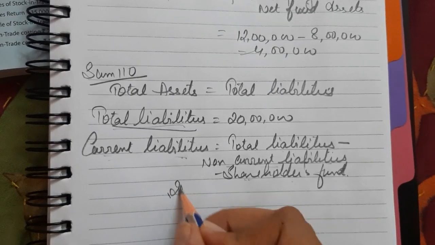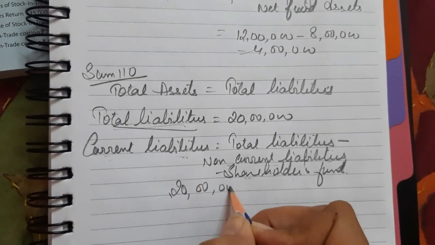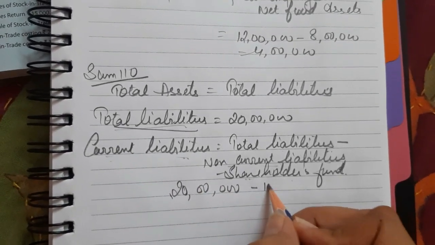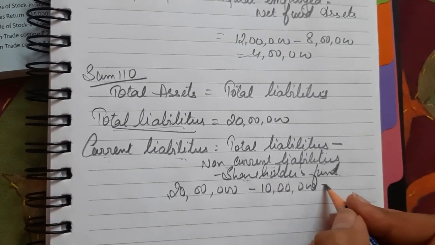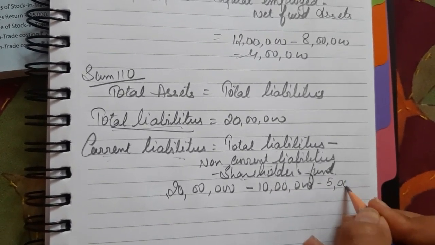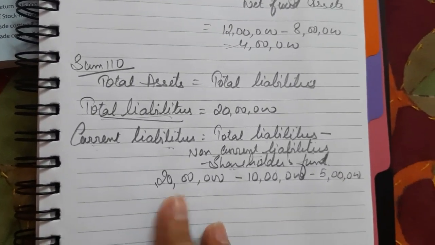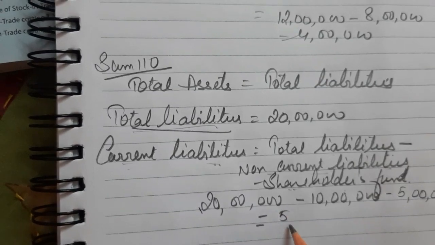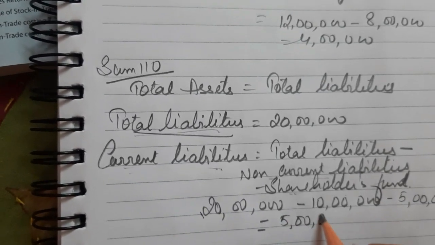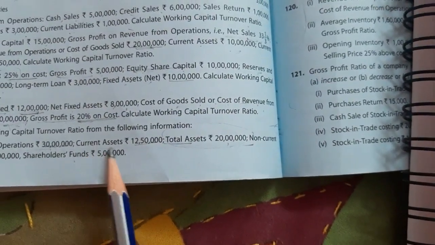Total liabilities given to us as 20 lakh less non-current liabilities, that is 10 lakh, and shareholders fund, that is 5 lakh. So 20 lakh less 10 lakh less 5 lakh, you'll get your answer as 5 lakh. Okay, so you got your current liabilities as 5 lakh. You are having current assets as 12 lakh 50,000.